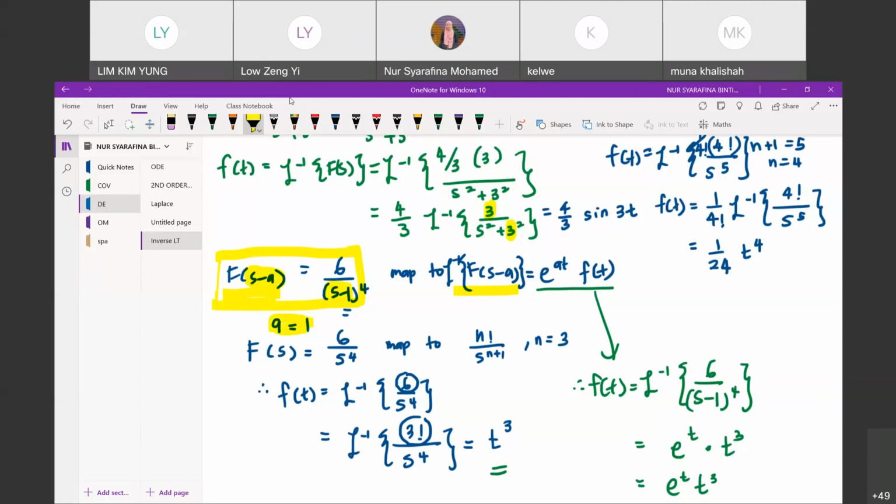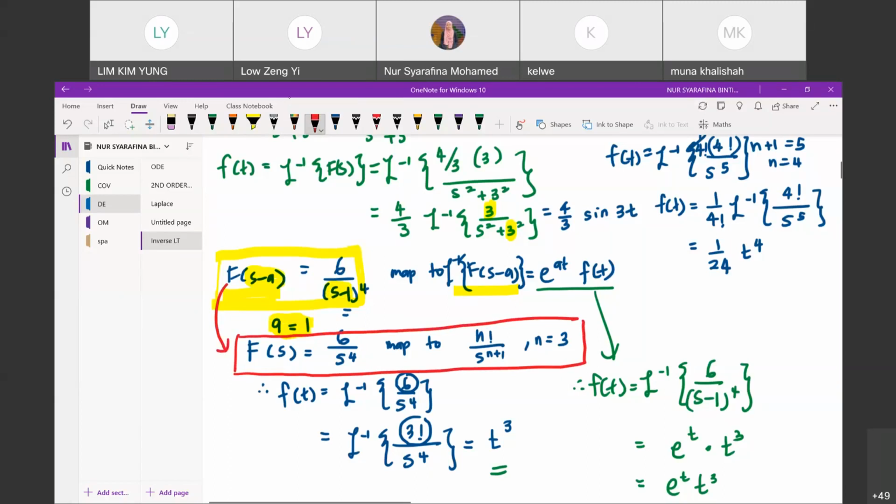All right, then when a equals 1, so basically from here you know that Fs equals 6 over s to the power of 4. So from here, you can inverse one by one of Fs first.